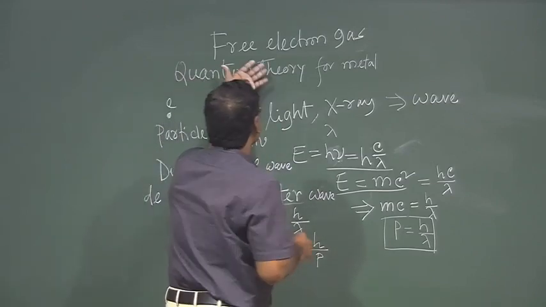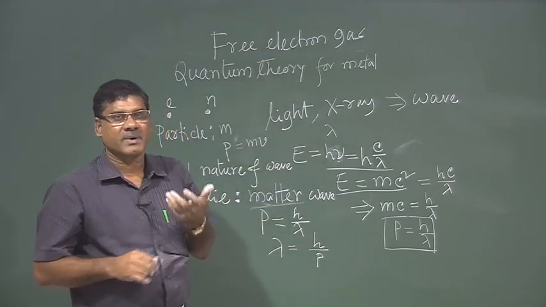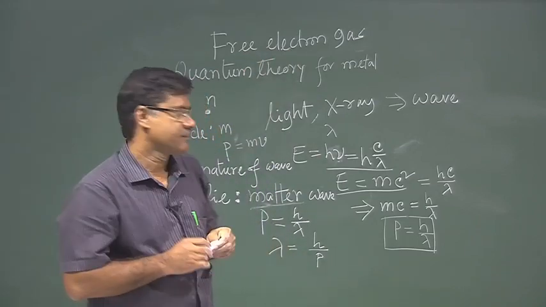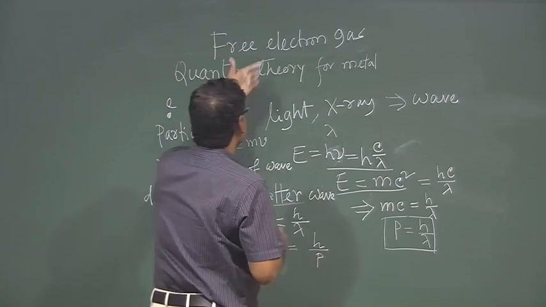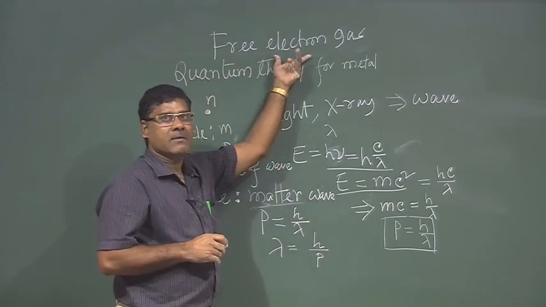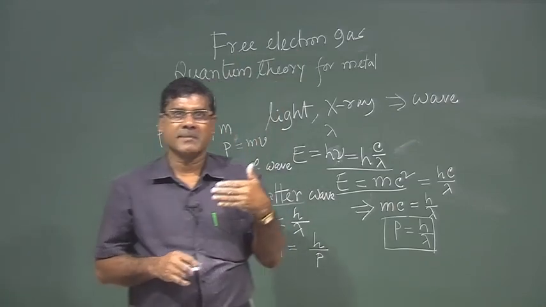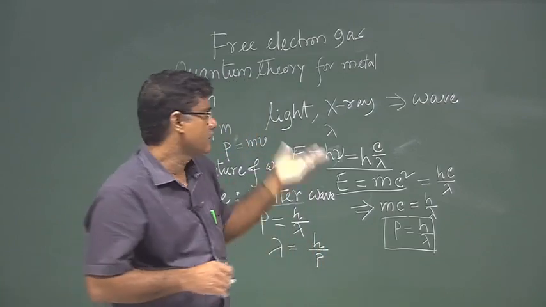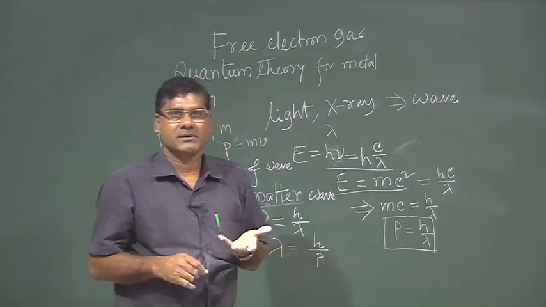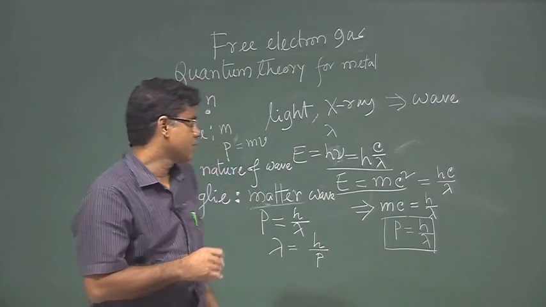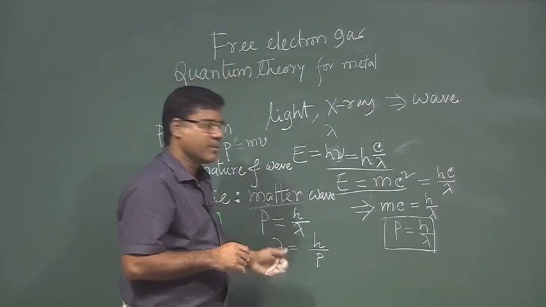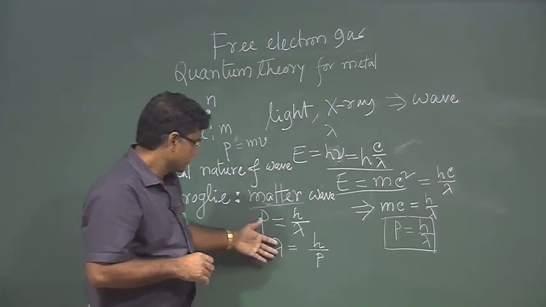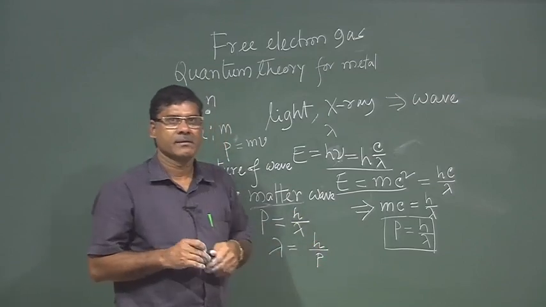Now, this free electron gas, electron is a particle. Now, electron can be treated as a free electron, and it can be treated as a wave also. So, it will have the wavelength lambda equal to h by p.